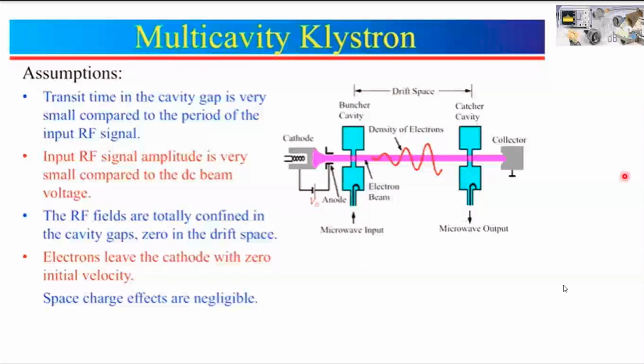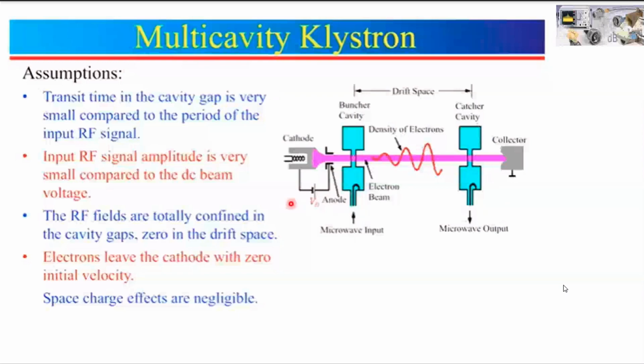The first cavity means this cavity, the buncher cavity; you can call it first cavity or buncher cavity, anything. The velocity of these electrons will be modulated by the input RF signal present in the first cavity, and this phenomenon is basically called velocity modulation.